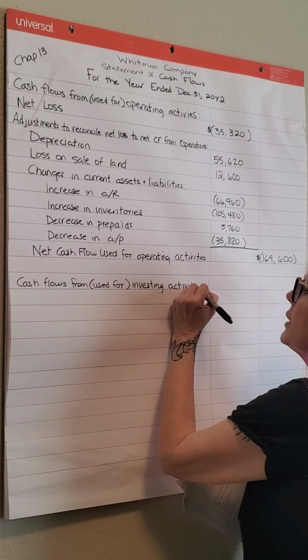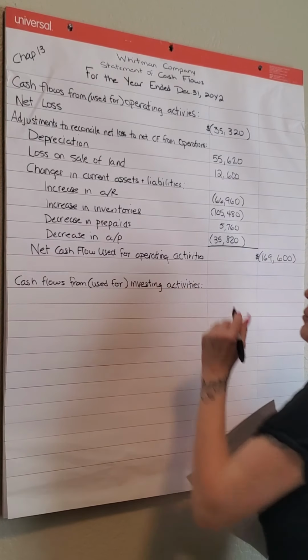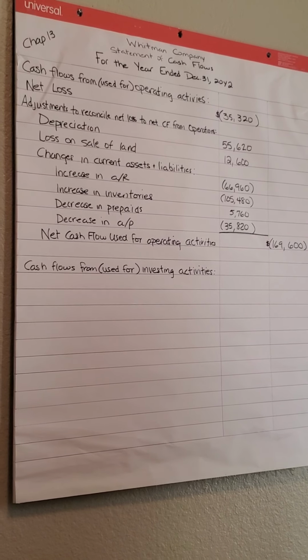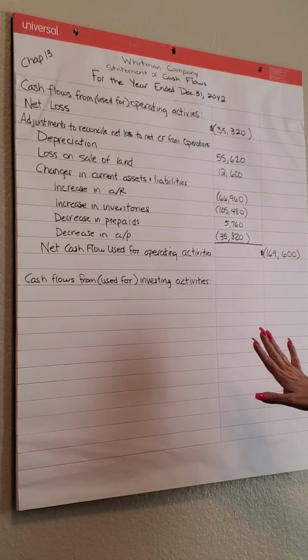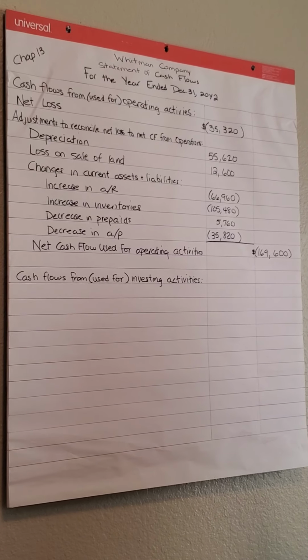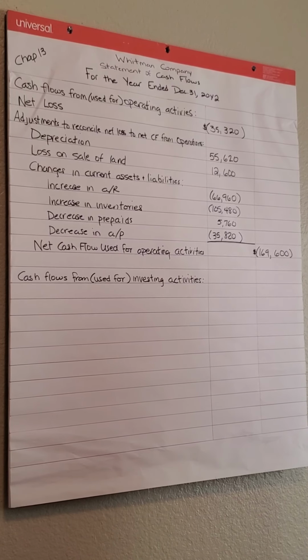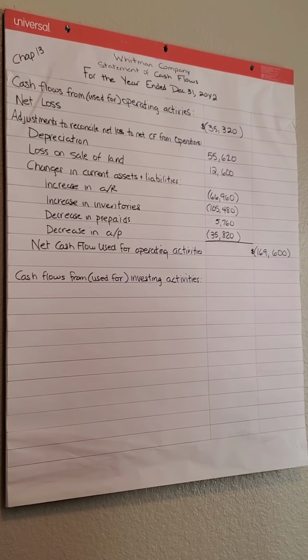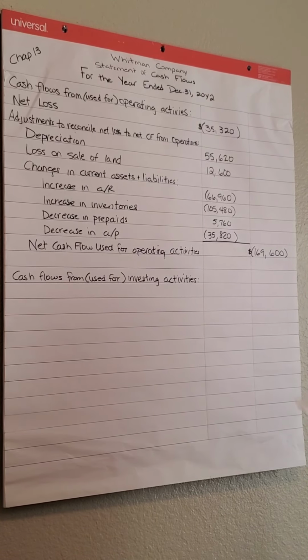And before we get into this, I'm going to pause to put up a fresh sheet of scratch. All right, the next section we're going to do is our cash flows used for or from investing activities. Remember, that's from buying and selling property, plant, and equipment. So we want to look at the ledger accounts for those items.